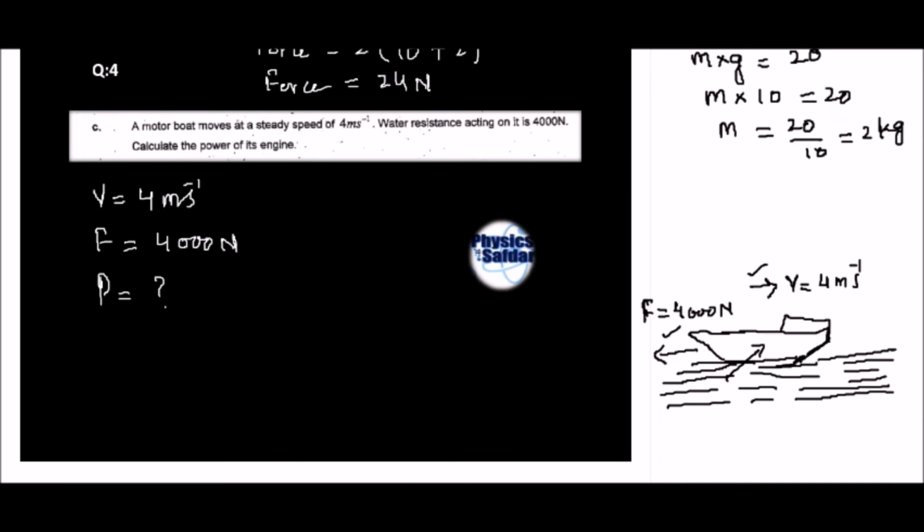The power of the engine you can calculate by using this equation. Power is equal to force times speed. In this equation we have both things, we have force and speed, so you can find the power easily. The force is 4000, speed is 4. Multiply the numbers 4000 with 4, then we get 16,000.